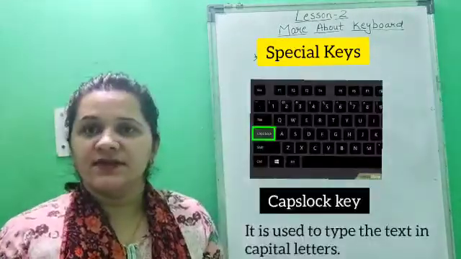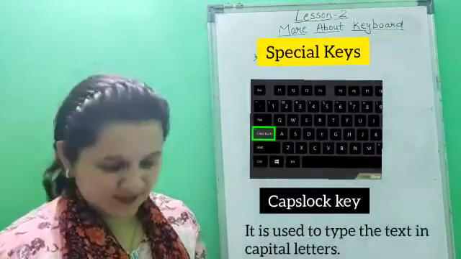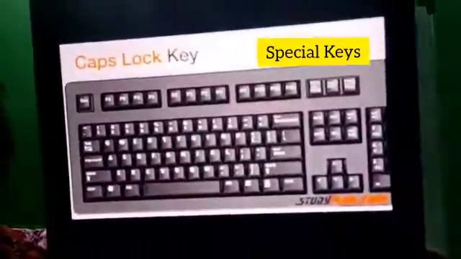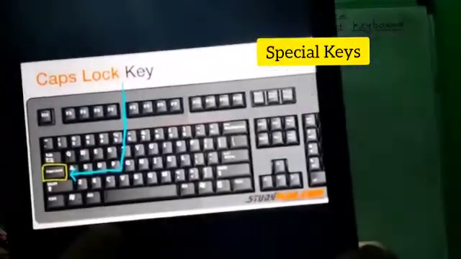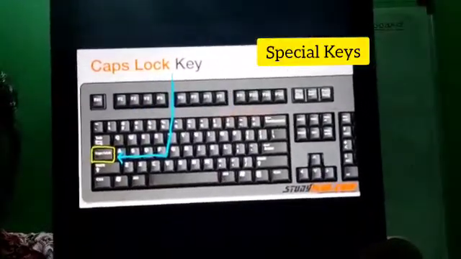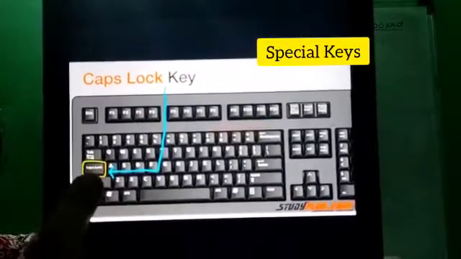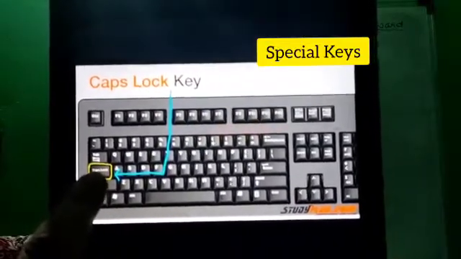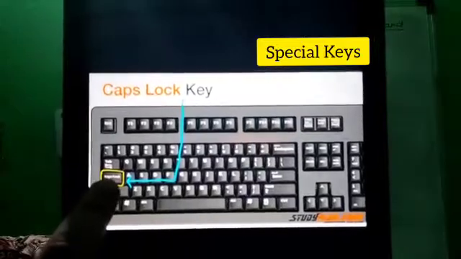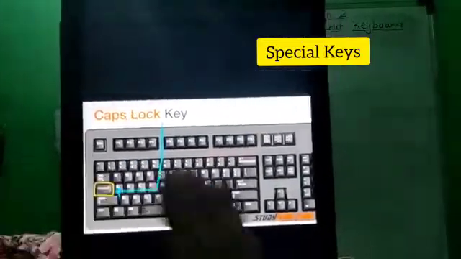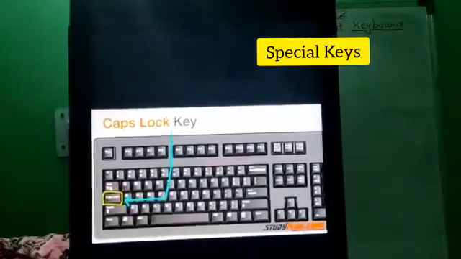So now children, the next type of key is the caps lock key. Now children, see, this is a keyboard. Here is the caps lock key. Now when we press this caps lock key, it types all the letters in capital.